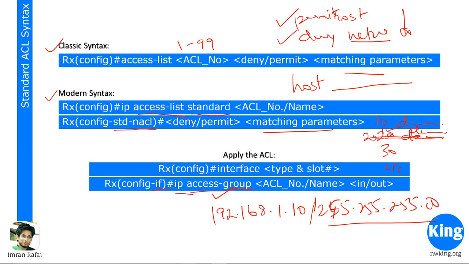This is a subnet mask, but you can't put a subnet mask if you're doing an access list. There is a new concept called wildcard mask, right? So in your matching parameters, you need to put the network ID. Let's say in this case it's going to be 0, so 192.168.1.0/24, right?